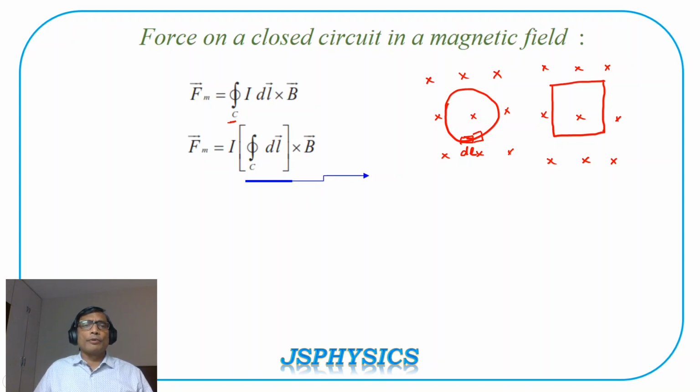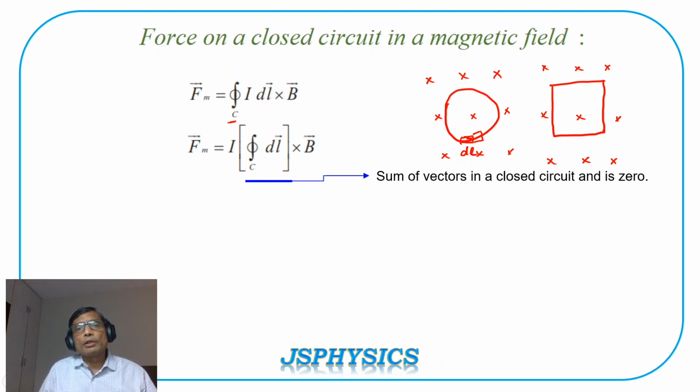Now this term dl cross B will basically give you the direction of the force acting on the conductor. So if you find the forces on each small length dl and add them, then the vector sum of all the forces in a closed loop is always zero.